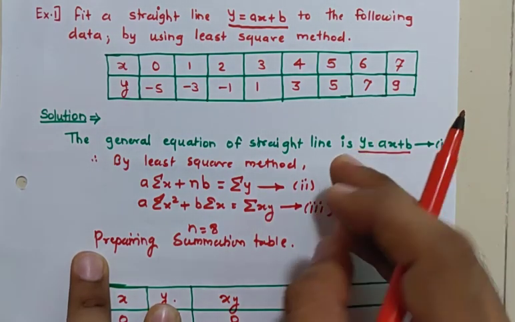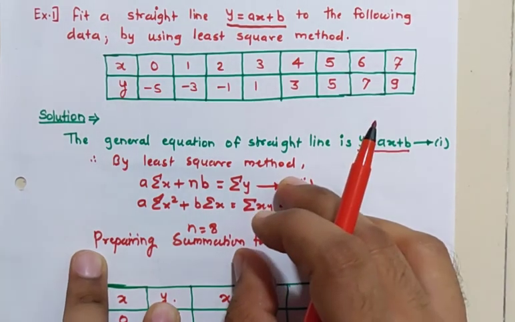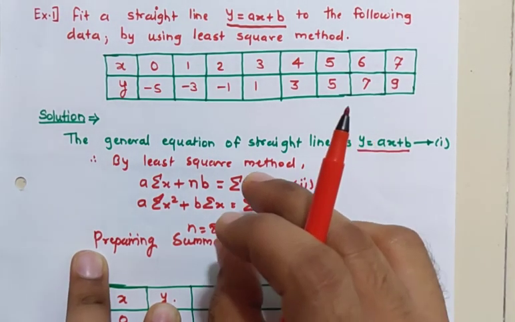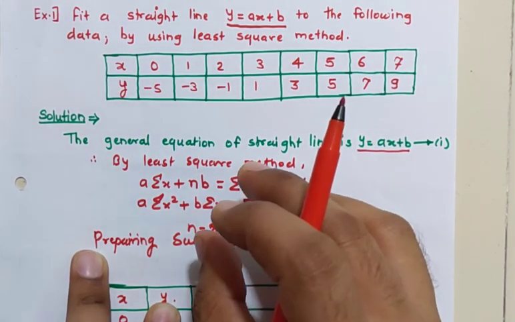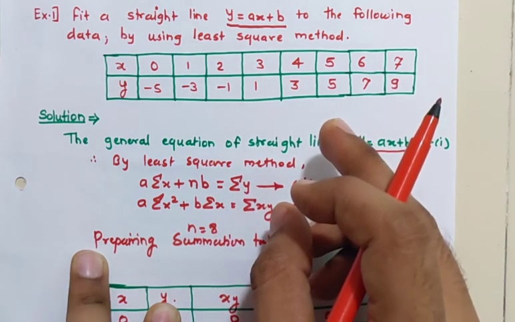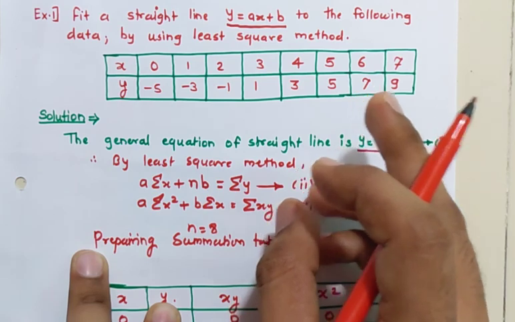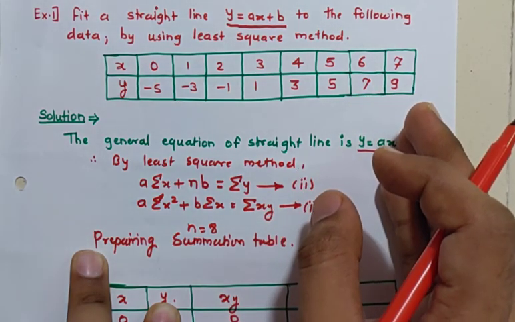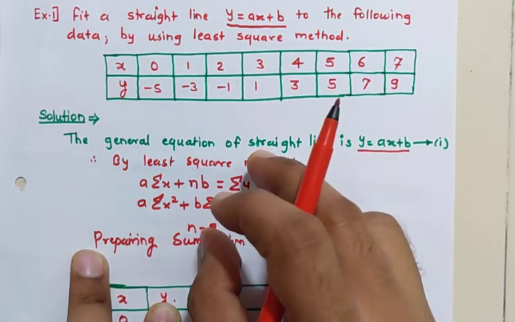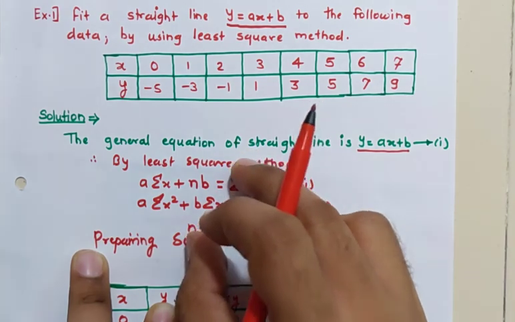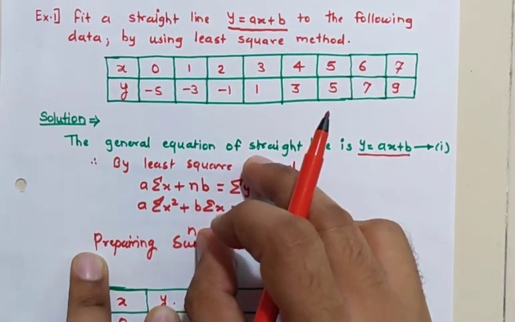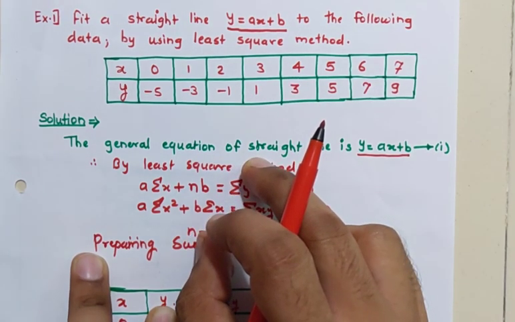Now in the next part we are going to establish a curve for the power equation, that is y is equal to a x raised to b and y is equal to a b raised to x. And similarly we are going to establish a curve for the exponential function, that is y is equal to a e raised to bx.